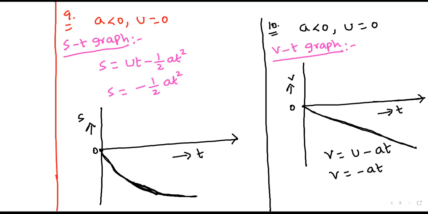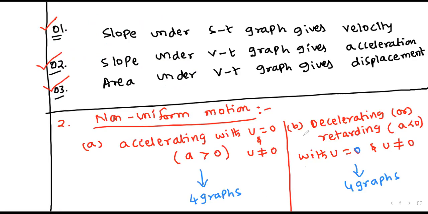Now see here. In all these graphs, you need to remember these 3 points. Slope under ST graph gives velocity, and slope under VT graph gives acceleration.